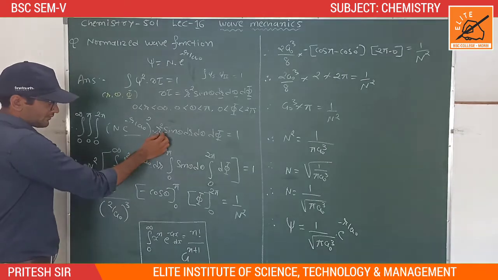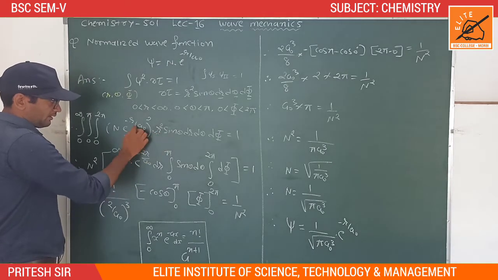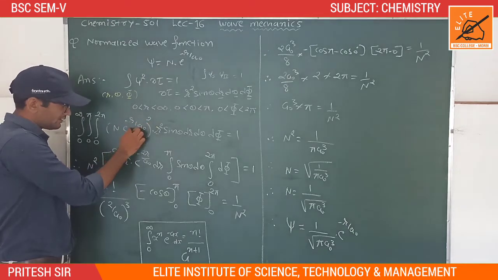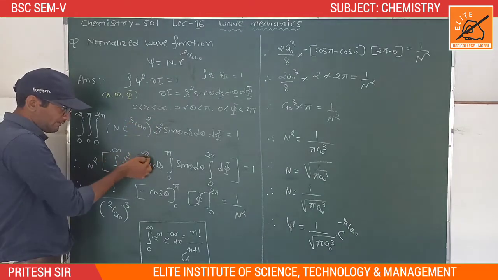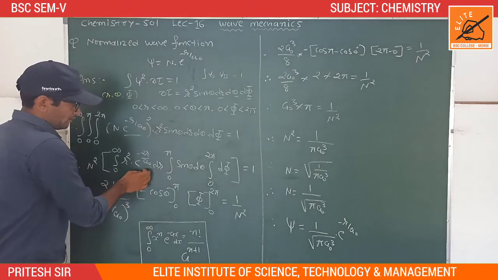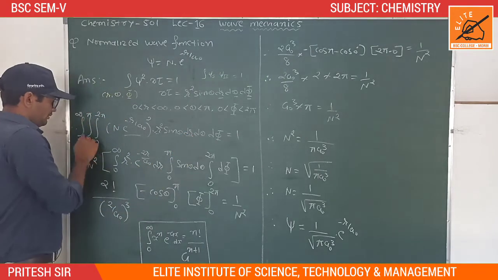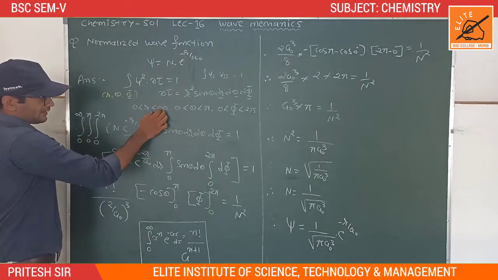So r square into e to the power minus r upon a0 squared, meaning e to the power minus 2r upon a0, and dr, with limits 0 to infinity for r.